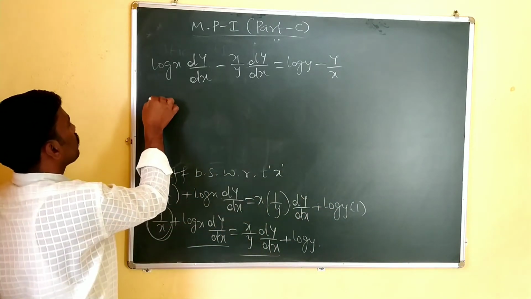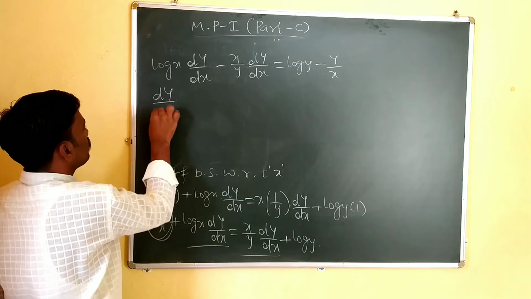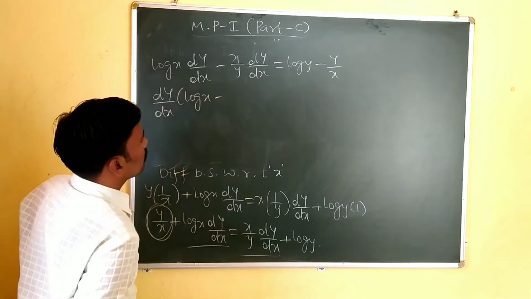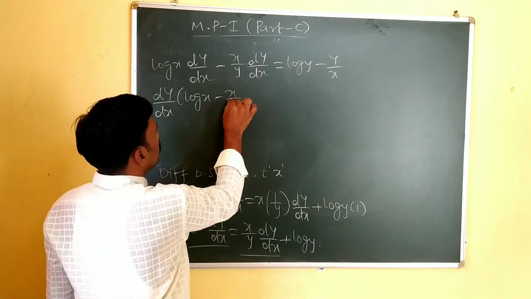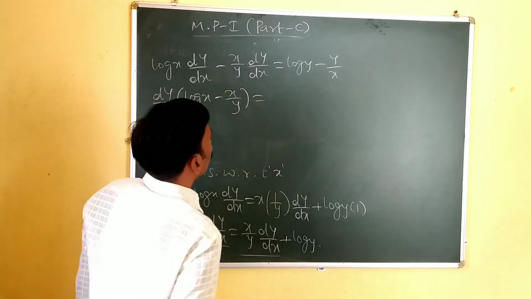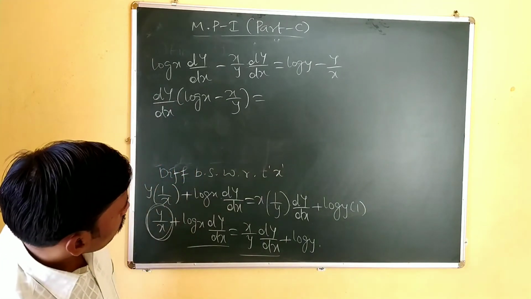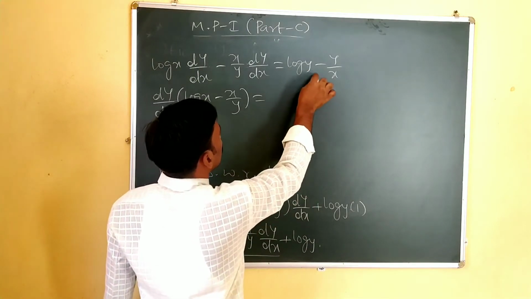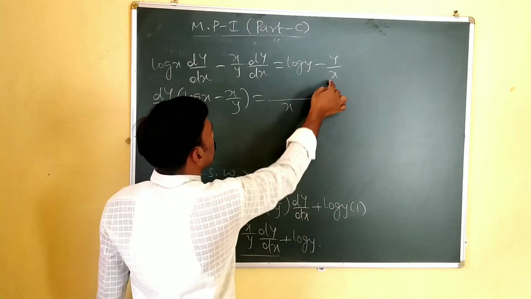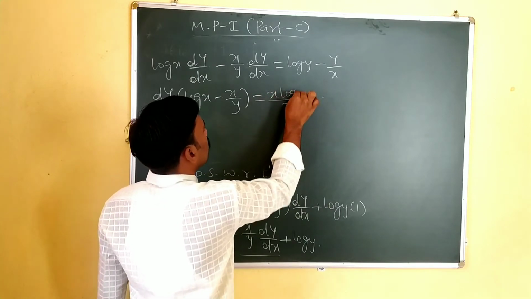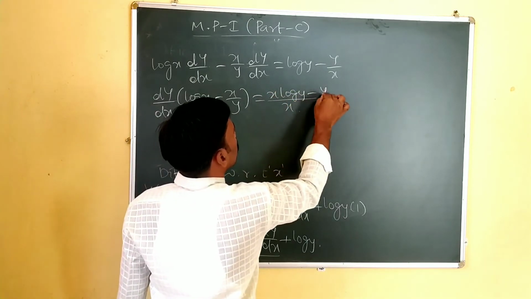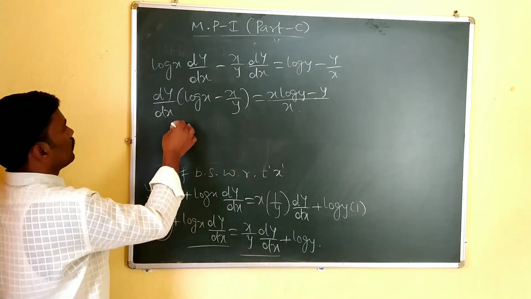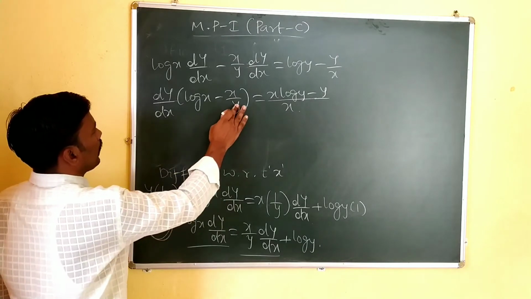So taking dy by dx common here, dy by dx into log x minus x by y, that is equal to log y minus y by x. So take LCM here. LCM of 1 and x is x. So x into log y minus 1 into y. Same thing here also, so I can take LCM.